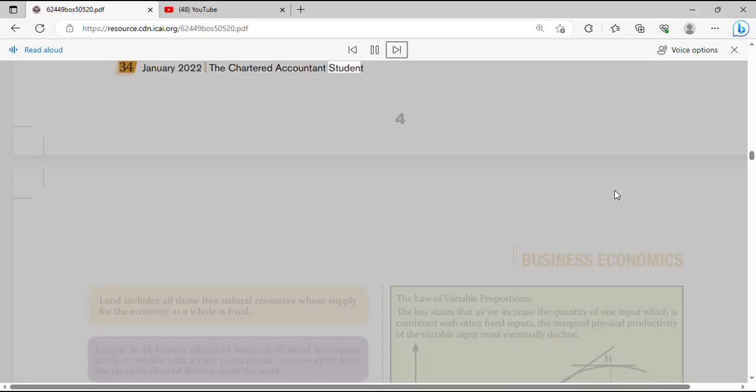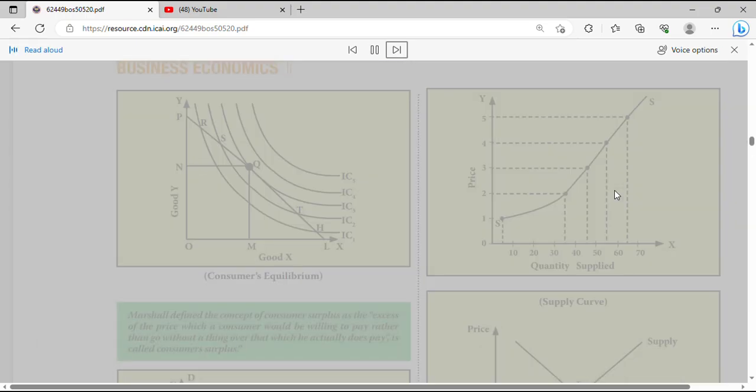Business Economics. Consumer's Equilibrium.